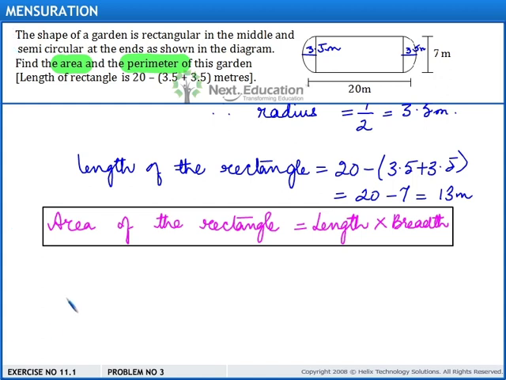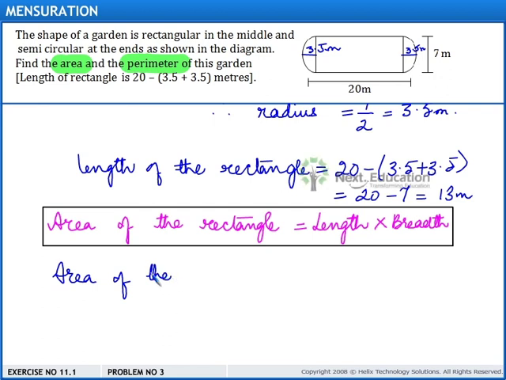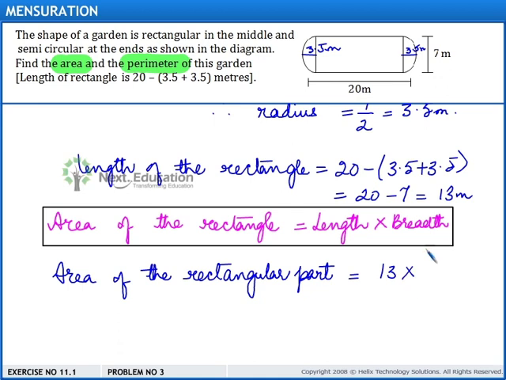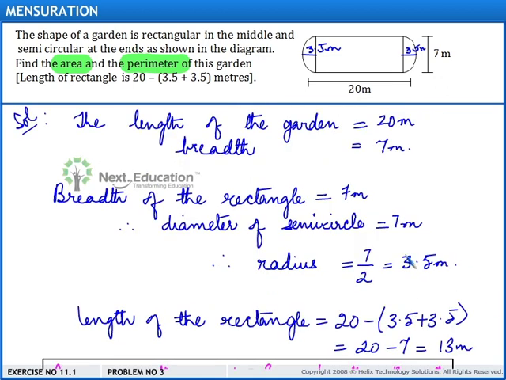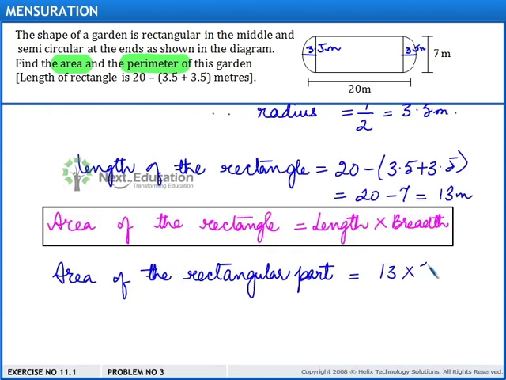Therefore, we write here area of the rectangular part is equal to the length, it is 13 meters multiplied by breadth. Here the breadth is 7 meters. So 13 multiplied by 7 is equal to 91 square meters.